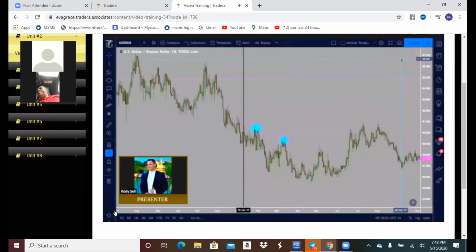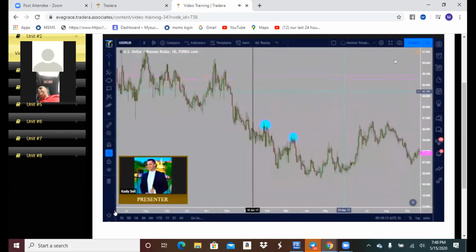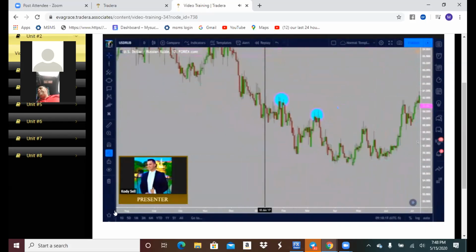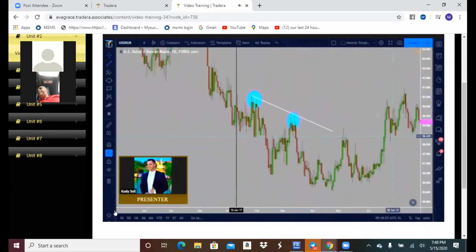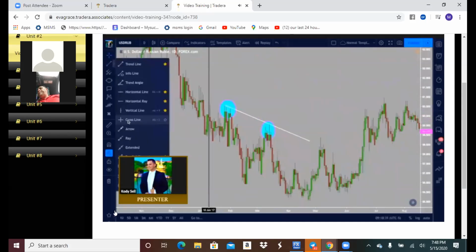All right, welcome everyone to another video on trend line trading. I wanted to come back to the example as we've previously discussed in another video to help explain one of the key concepts about trend lines. So if you recall, I've already got these areas circled here because we've discussed them before, but we discussed how important it is to use the outermost boundary when you are connecting peaks or connecting valleys to draw your trend line.